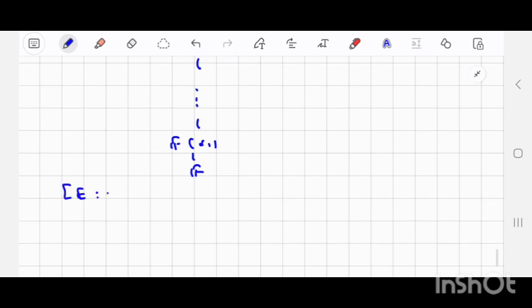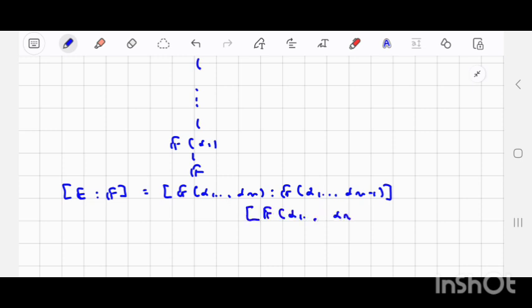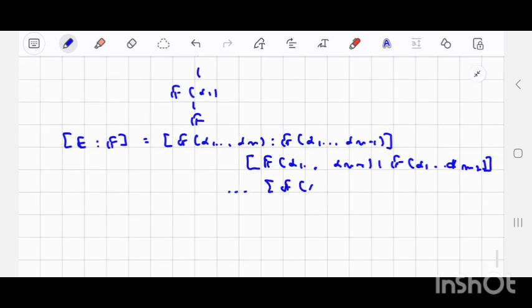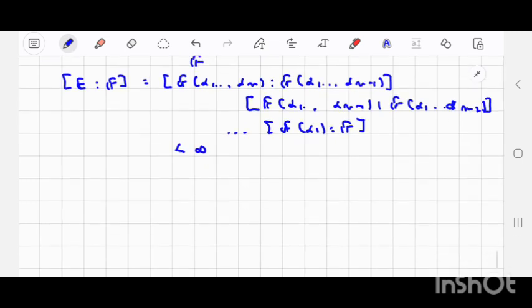So I can write the degree of E over F as the degree of F(alpha 1, ..., alpha n) over F(alpha 1, ..., alpha n minus 1), then F(alpha 1, ..., alpha n minus 1) over F(alpha 1, ..., alpha n minus 2), and this process continues till F(alpha 1) over F. All these are finite in nature, and there are a finite number of elements, so this must be finite. Therefore E over F is a finite extension. Is it clear?